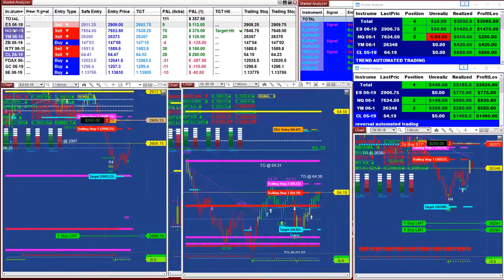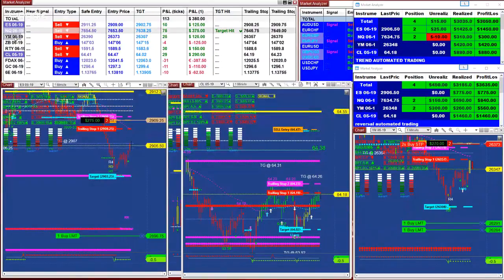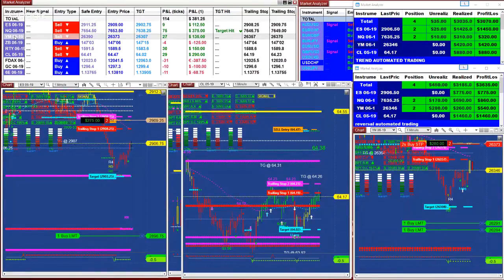The ES to the sell position, NASDAQ to the sell, because there is no indicator out there that is going to predict a chop market. You have to look at it to say, okay, this is a choppy market.